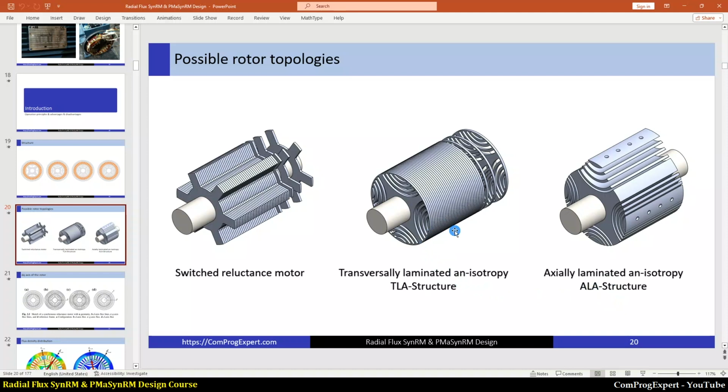But from the manufacturing point of view, this structure is preferable. So we will consider the TLA structure, and we will design and analyze the motor using the 2D finite element method, and so on.